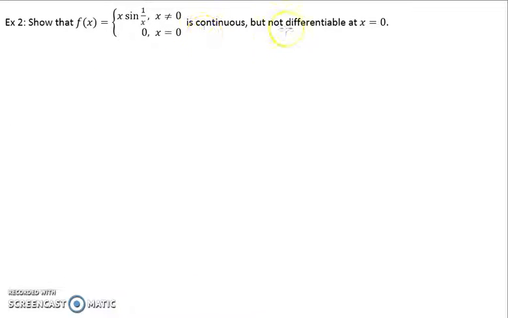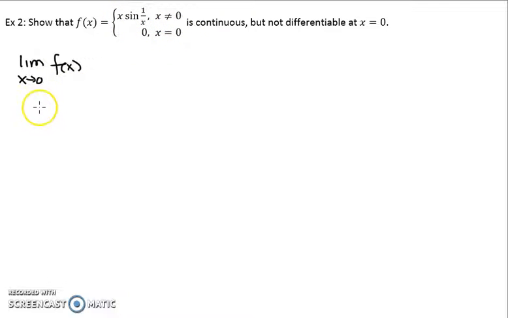Same thing, show it's continuous, but this time I actually wrote it correctly, not differentiable at x equals 0. So for continuous, we're going to have to say the limit as x approaches 0 of f of x. Actually, we don't have to worry about the piecewise part because x times 1 over x covers both sides of 0.